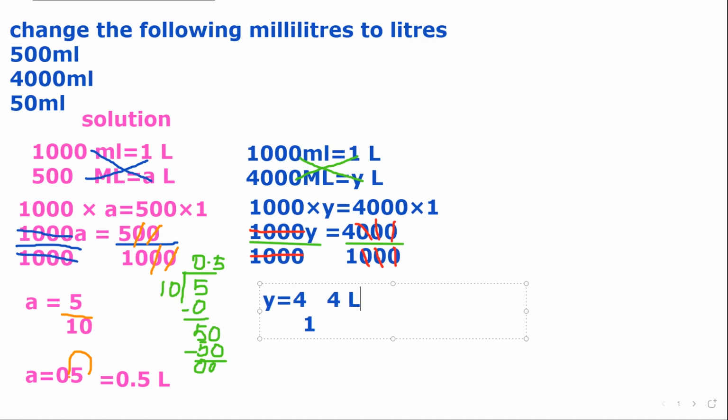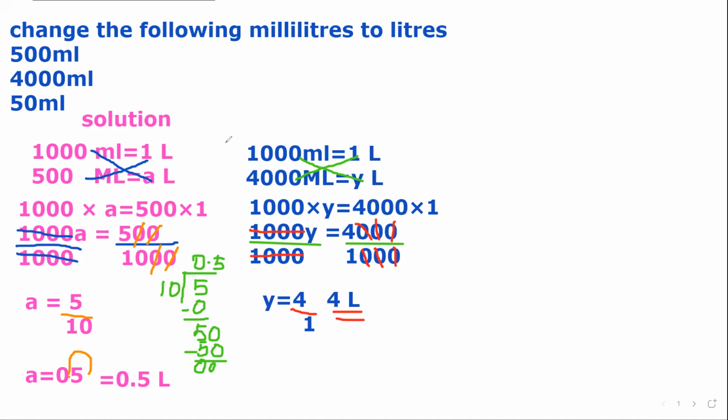Okay, so here the y is 4 over 1, and any number divided by 1 is the same as what? 4, or the same as that number. So now 4,000 mils to liters is 4 liters. Okay, good.